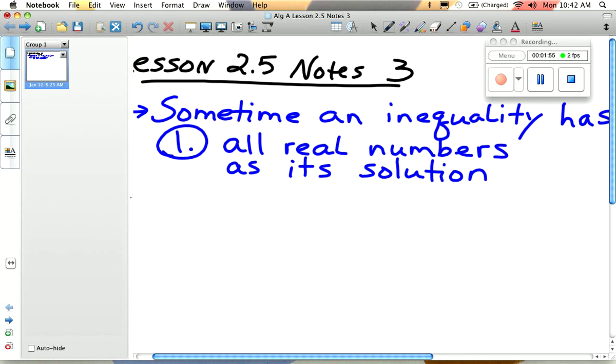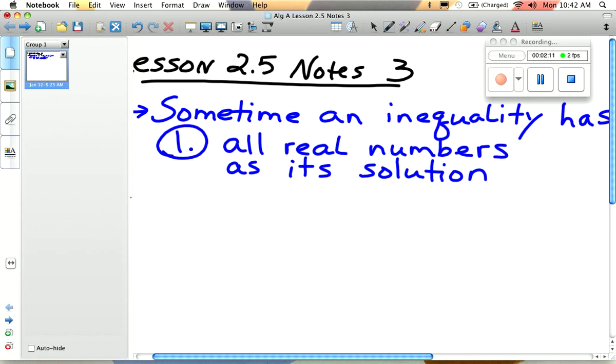In other words, the whole number line. Any number you pick off of the number line would make that inequality true. When we show the graph for it, we'd actually have to shade the whole number line.